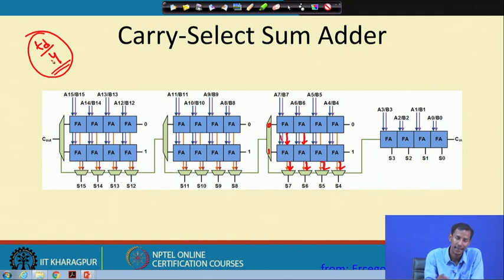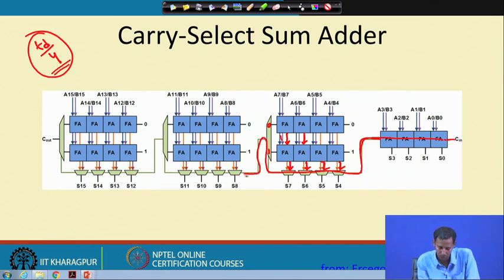So, I can reduce the corresponding delay. So, what will the maximum delay be? It will come from this particular case too. The carry is now traversing these particular paths, so this is the corresponding delay for this path.